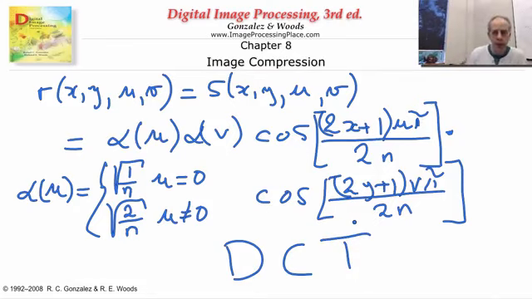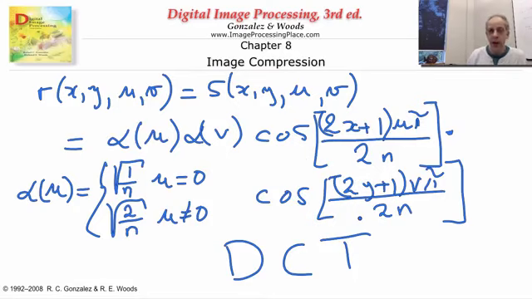It's almost that part. So once again, the forward transform and the backwards transform are exactly the same formulas. Very nice, because you need to build one piece of software or one piece of hardware to do both the forward and the backward. And then it's just a cosine transform. So it's the cosine here and the cosine here, and these are just normalization coefficients. This is the discrete cosine transform.